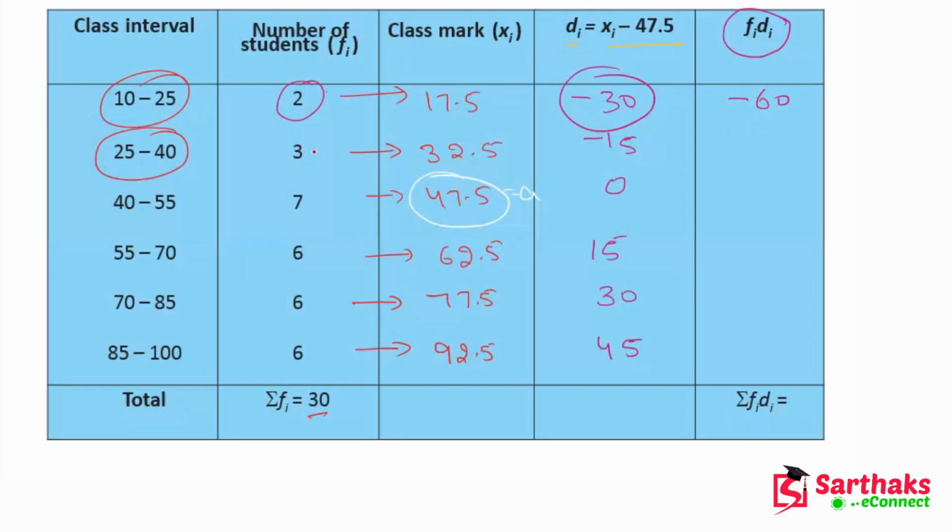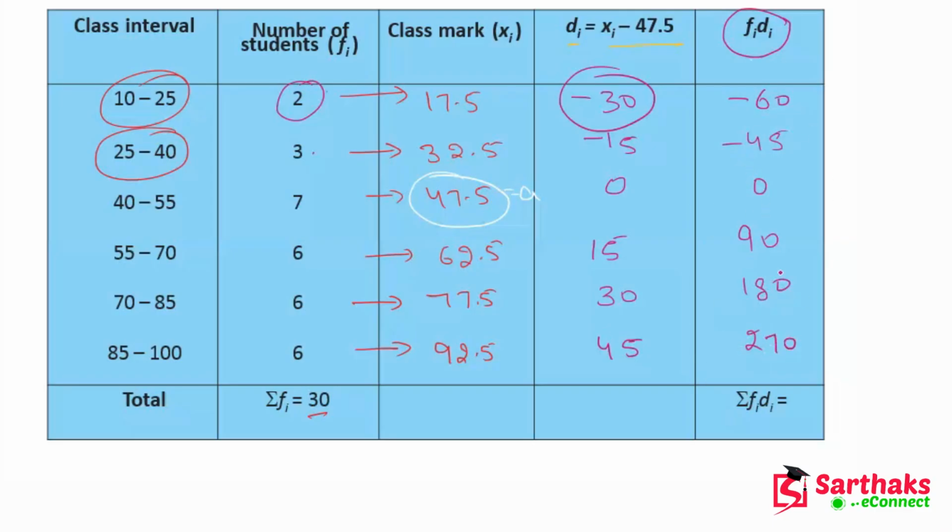If we multiply f2 into d2, we get minus 45. If we multiply f3 and d3, we get 0. Similarly, here we get 90, here 180, and here 270. So this is fi di.